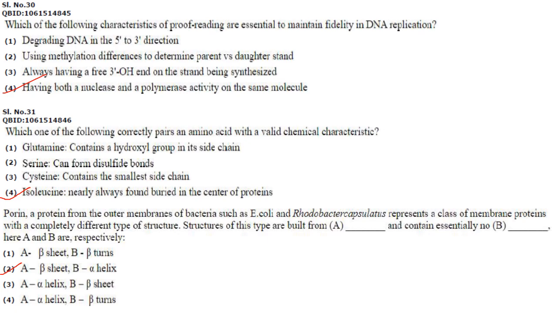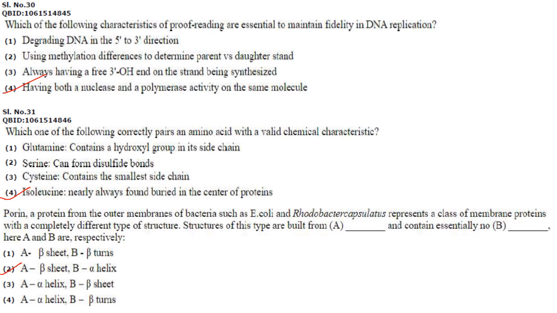It is cysteine that can form disulfide bonds. Cysteine contains the smallest side chain. Glycine contains the smallest side chain. Isoleucine is nearly always found buried in the center of proteins. It is a hydrophobic amino acid, so it will be found in the center of the protein away from water. So the fourth is correct.